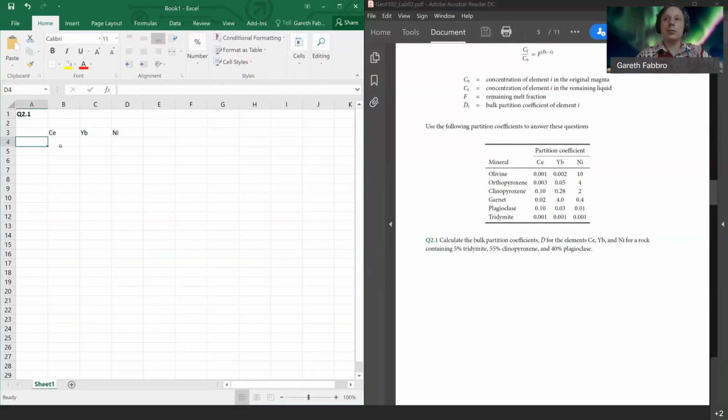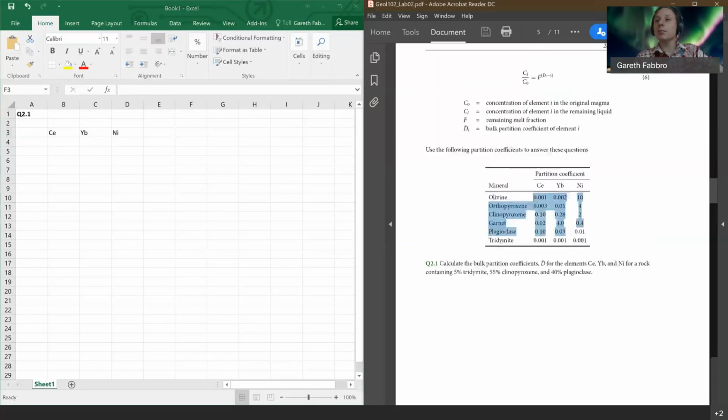So what would be the best thing in the spreadsheet? Actually, I should have had one that I made earlier. So here's one I made.